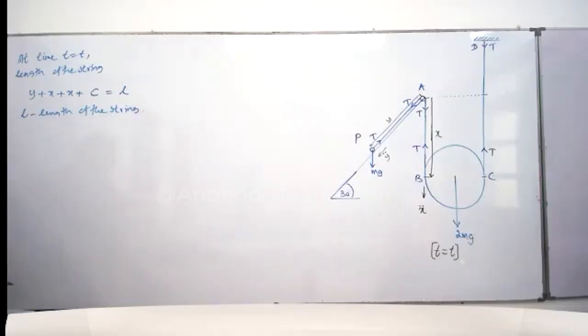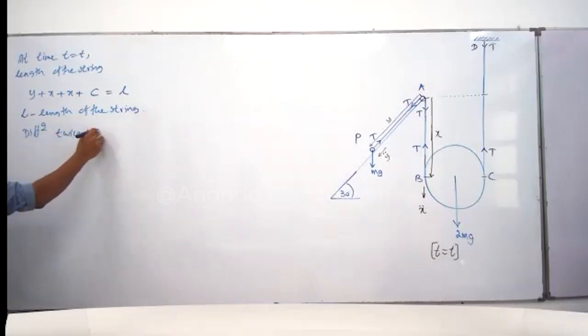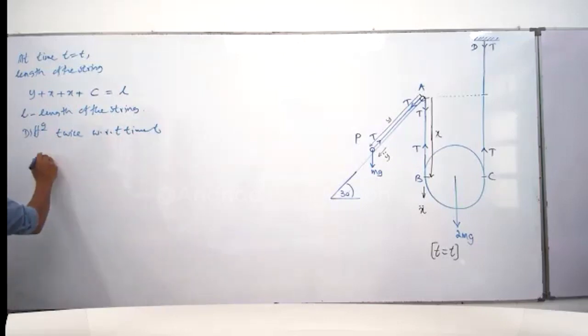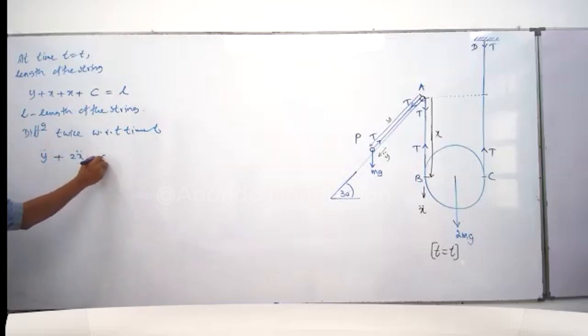We differentiate this twice with respect to time t. What do you get? y double dot plus 2x double dot is equal to 0.